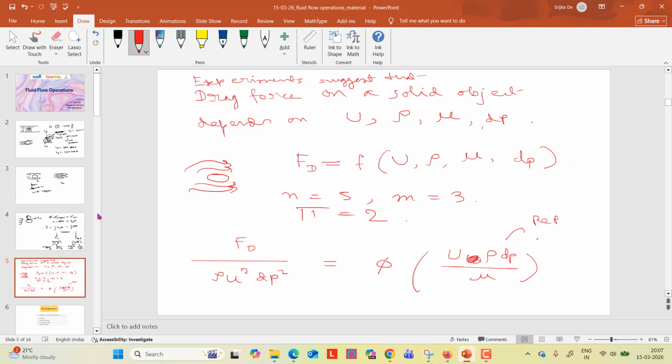This definition is the particulate Reynolds number, because dp varies for different shapes of particles.